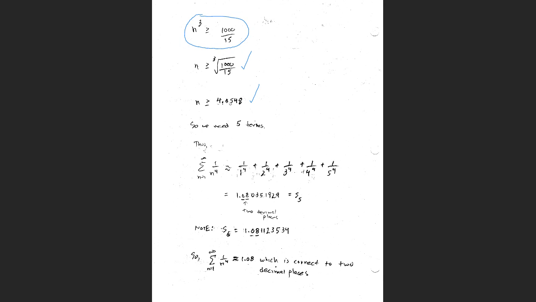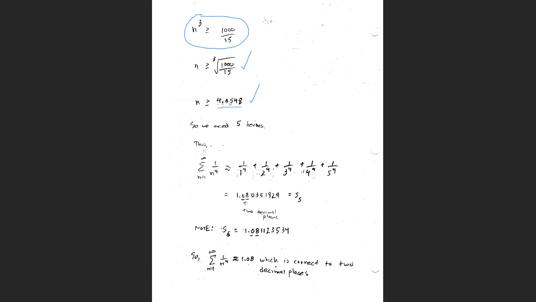So how many terms do you need to estimate this series correct to 2 decimal places? Well, n is greater than or equal to 4.0548. Is 4 enough?